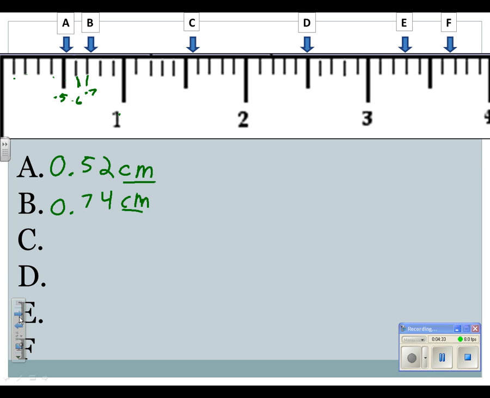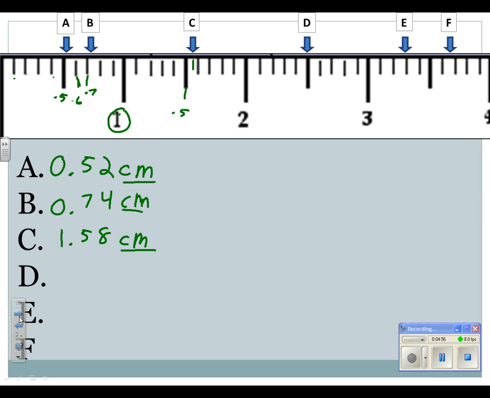And then C is way over here. So we know we have 1.5. So we know we're at least at 1.5. Now between the lines, so I'm going to guesstimate that a little bit over halfway. So I'm going to guesstimate that to be 1.58. And we will give you a couple of digits leeway on your estimation, so don't freak out about that.